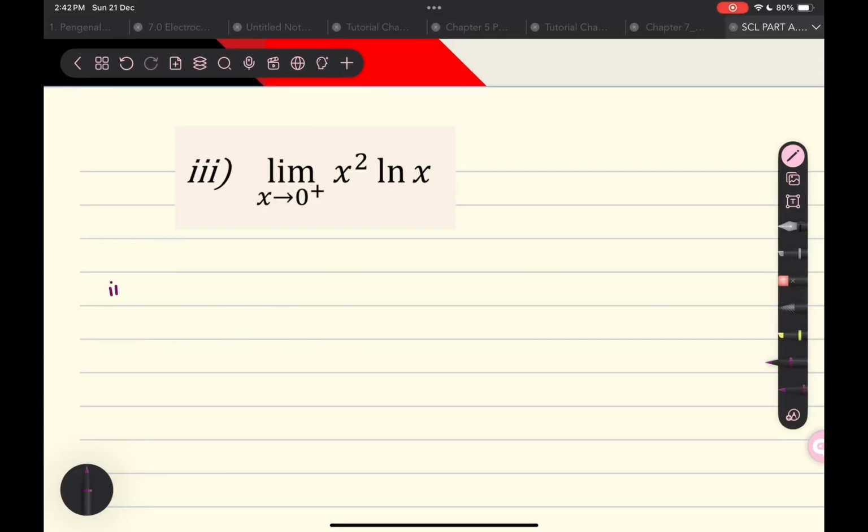That's all. Okay, let's look at question 3 Roman. The limit as x approaches 0 from the right of x squared ln x. From what we can see here, this limit gives 0 times negative infinity.